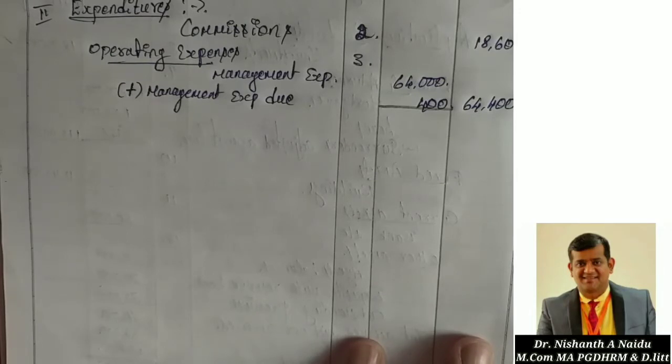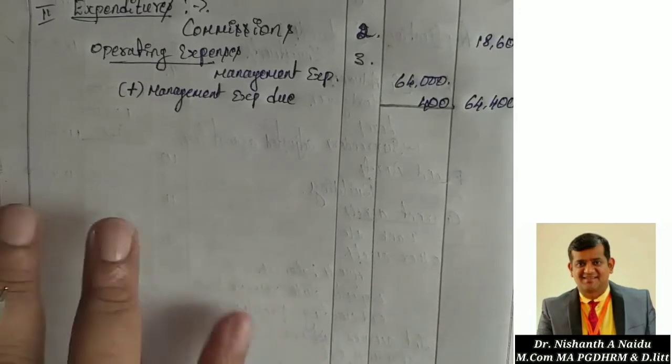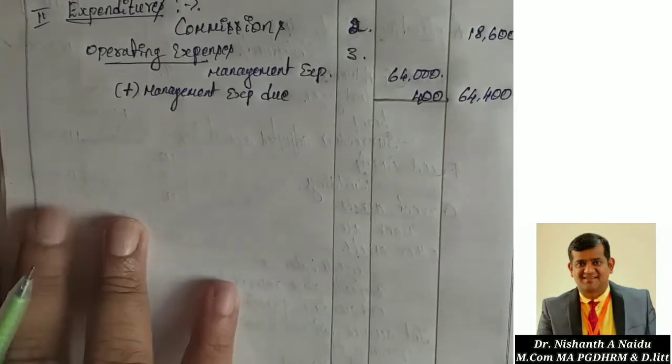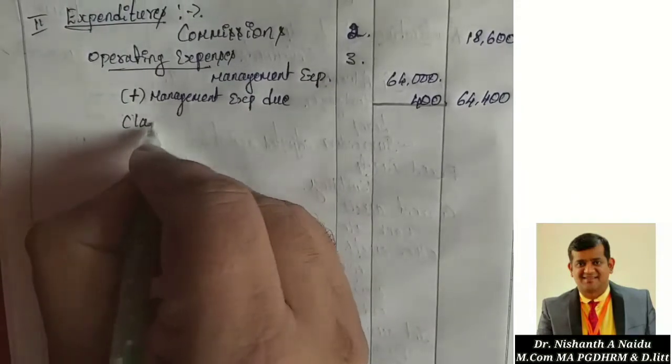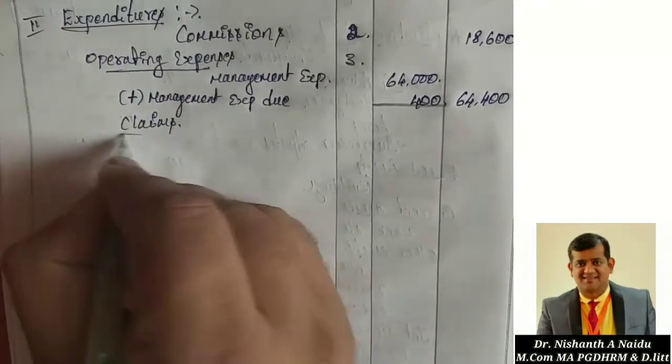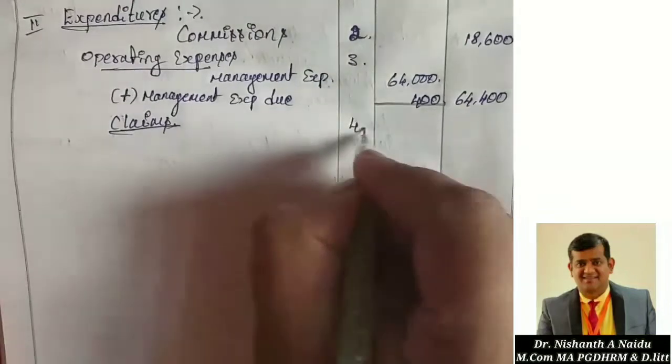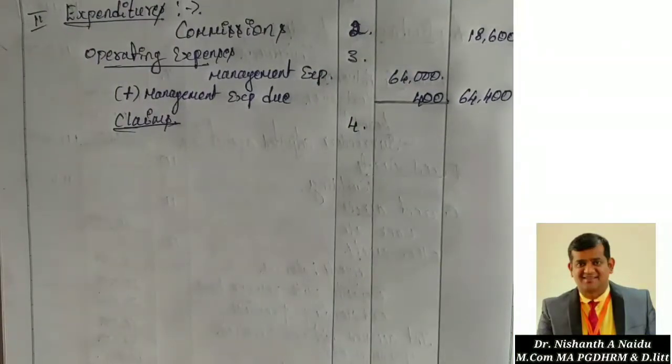After operating expenses, we have claims, schedule number 4, correct? I don't think you get confusion, because we are already at the end of the lesson. After this 8th problem, one or two more problems and I'll end the lesson.